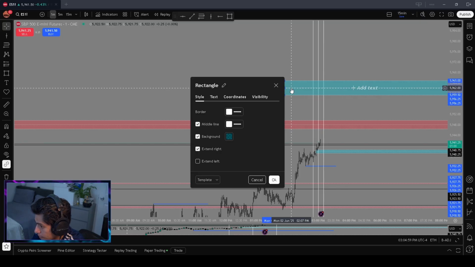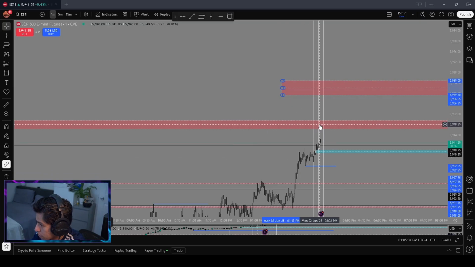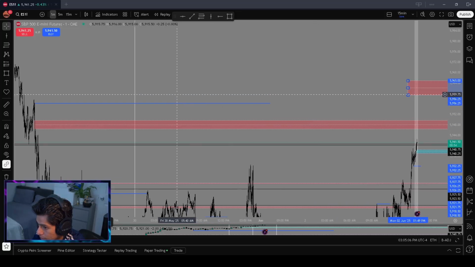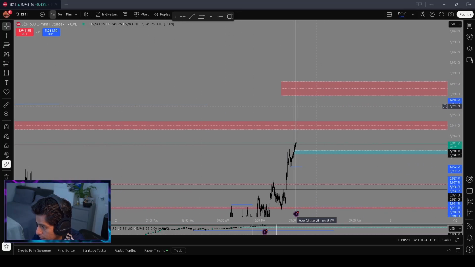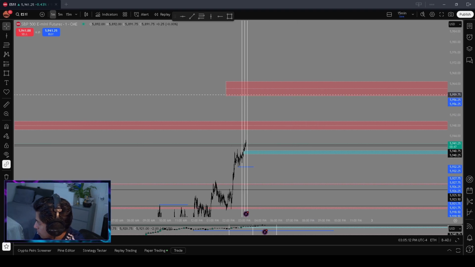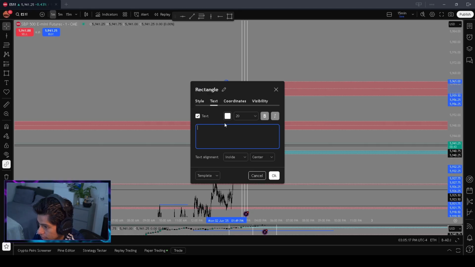Something like that. So this one's a 15-minute. We do have the 9:30 high. And the first fair value gap on the sell side is going to be this box right here.